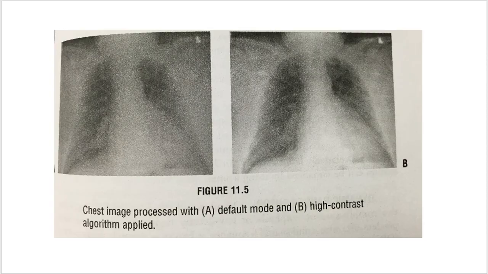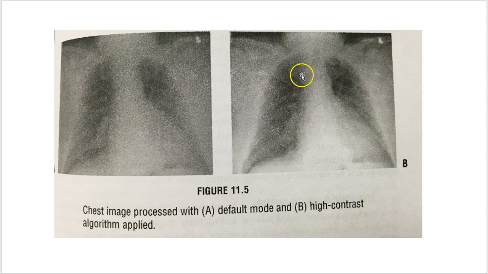So again, you have this image here, and again the left lung is just kind of gray and hard to see. And again, this is a picture in a book, so it's not the best image. And then when you apply the high contrast, you can see the lung area much better. Now obviously, if I haven't said it enough, let me say it again.